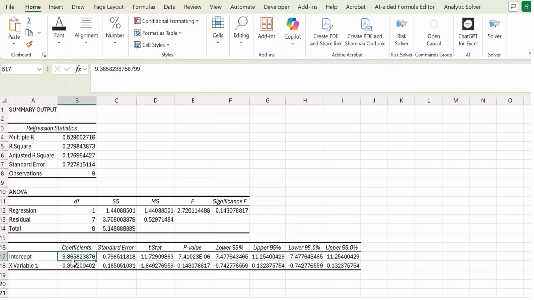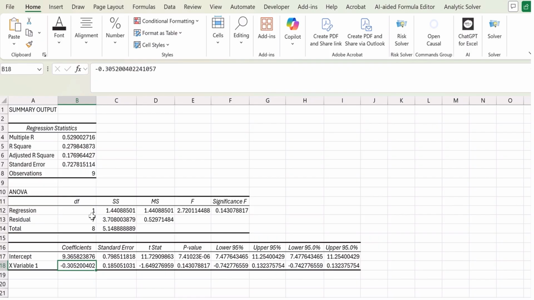And the slope suggests that a 1 percentage point increase in GDP growth is associated with a 0.31 point decrease in vacancy.